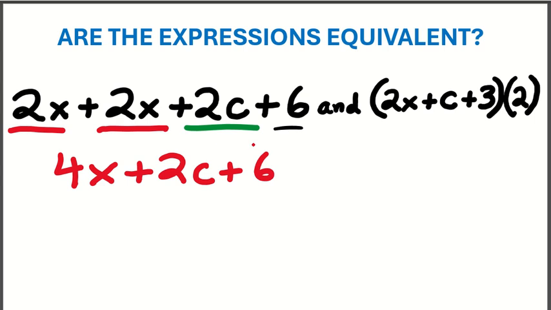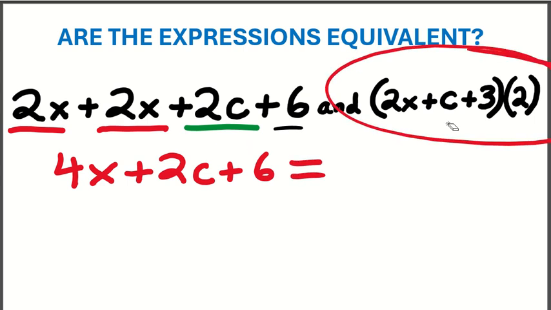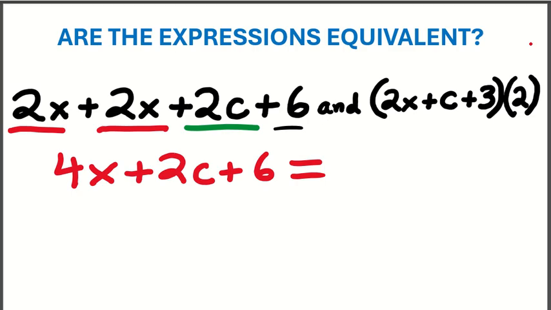Boom. Okay, now, is that the same as this guy right here once we do the distributive property? 3 times 2 is going to be 6. Oh, it's looking good so far. 2 times c, I do little arrow things, 2 times c is going to be 2c.